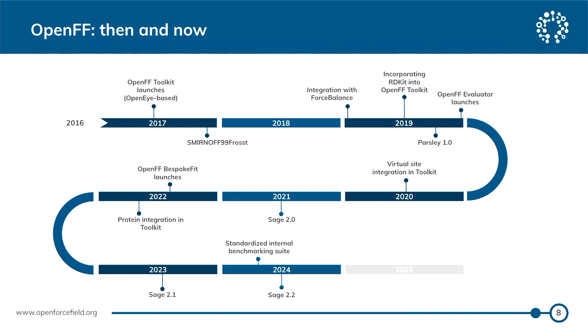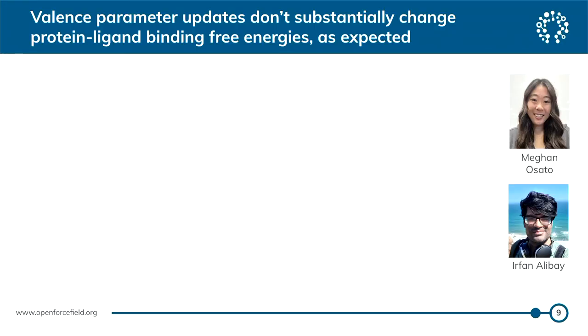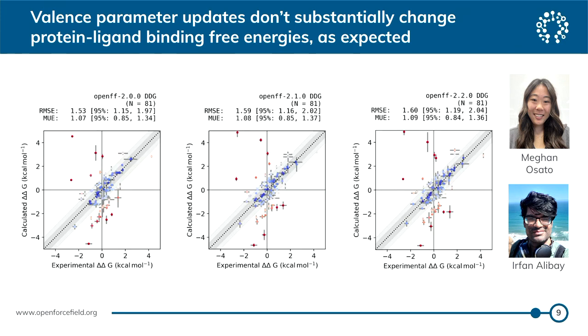And both of these have further focused on updating our valence terms. And we refit improper torsions for the first time in Sage 2.1. In general, when we do only updates to valence parameters, we don't typically expect a lot of impact on free energy simulations. And indeed, in a smaller benchmark of protein ligand binding free energies, we see essentially the same performance. And many thanks to Irfan and Megan for running these simulations.